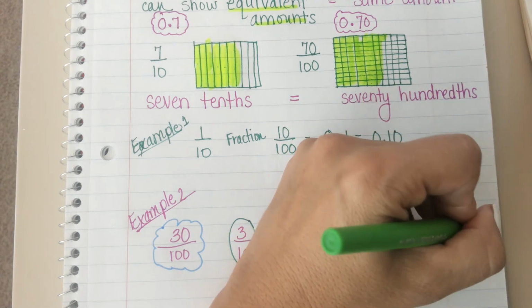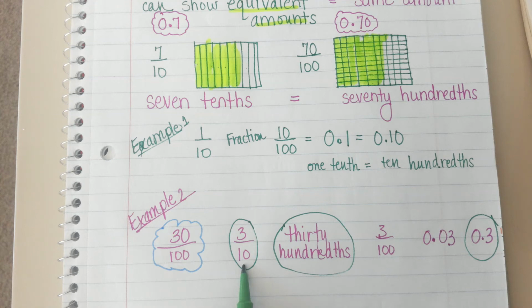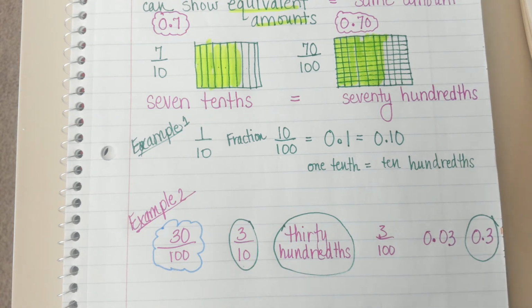And then we have 3/10ths. 3/10ths and 30 hundredths are all equivalent fractions.